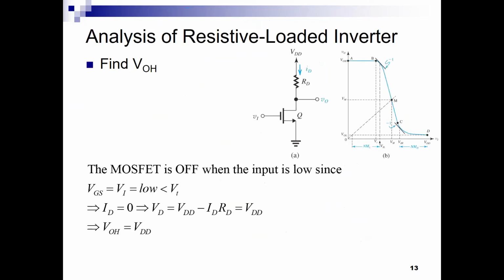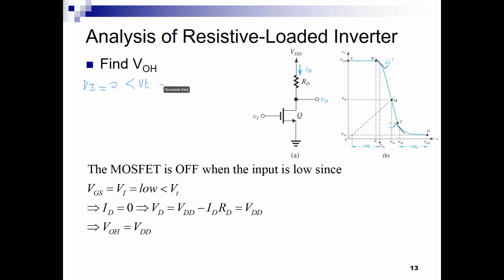Now let's look at the resistor-based inverter first. We are going to start by solving for VOH. For this resistor-based inverter, when we want to solve for VOH, we set Vn equal to 0, or less than Vt.